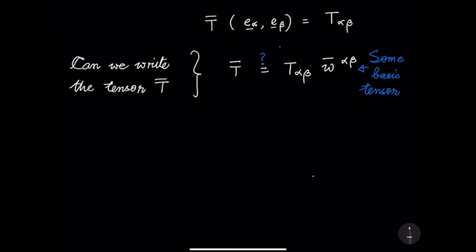Now, once I have written the tensor in terms of its basis tensor and the components, I can try to figure out what the components will be like in this form by the following method. So T, if I put in say the mu-th and the nu-th basis vectors in it, then this by definition is T alpha beta and then omega alpha beta, which is the basis tensor, and it has two indices.